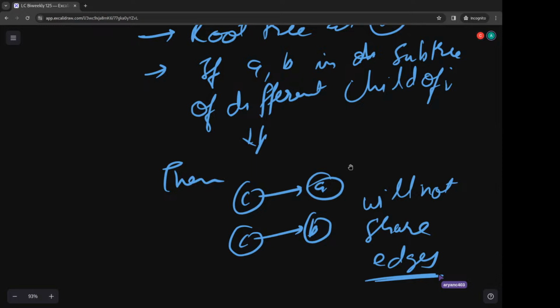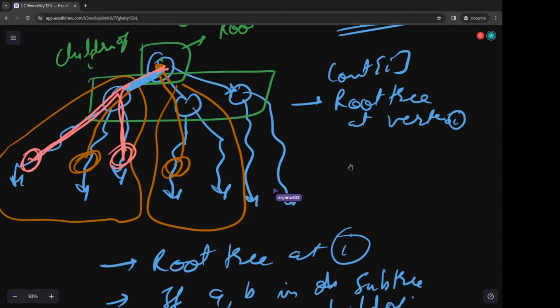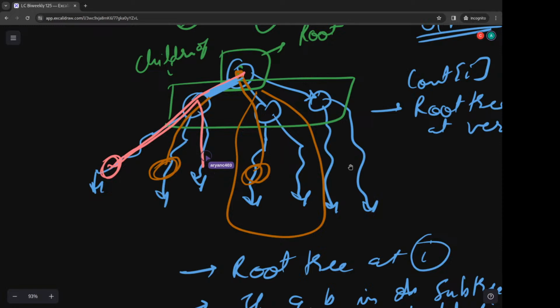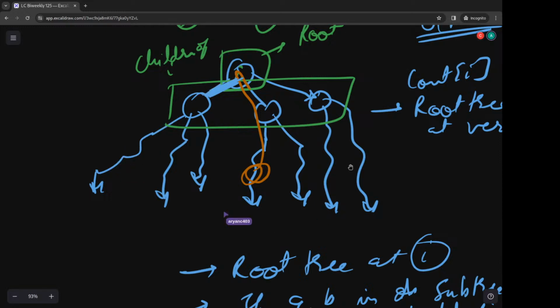Now we also need that the path length should be divisible by the given signal speed, right? So what we can do is, for each subtree, count the number of paths that are divisible by the given length.